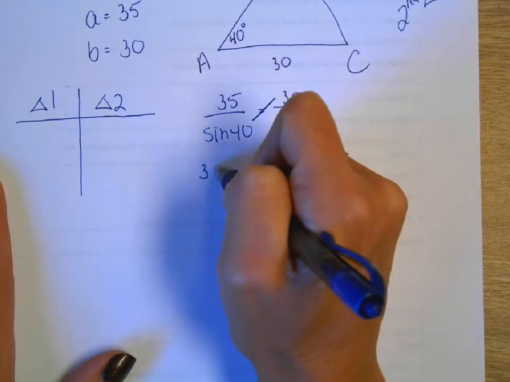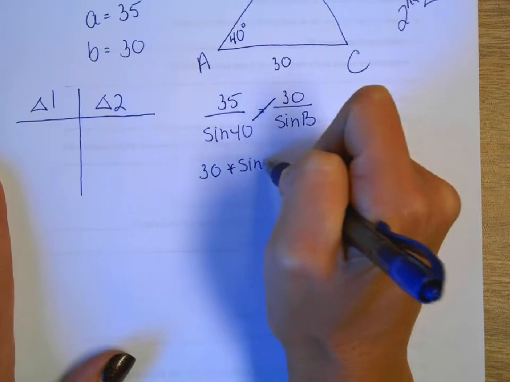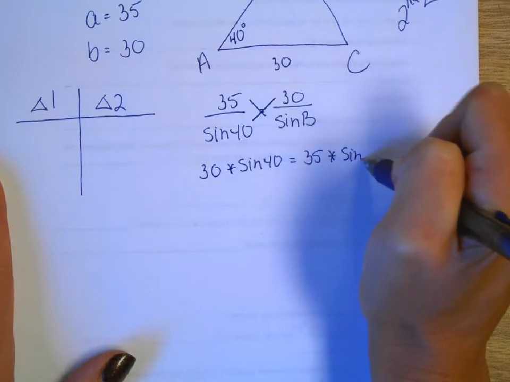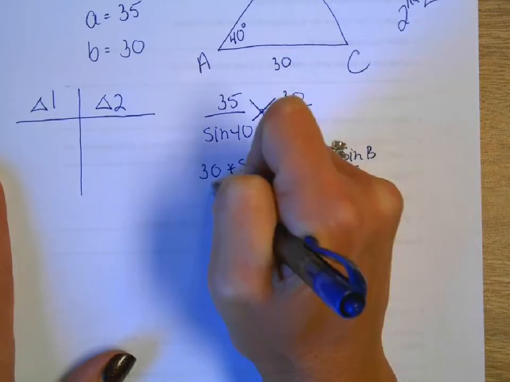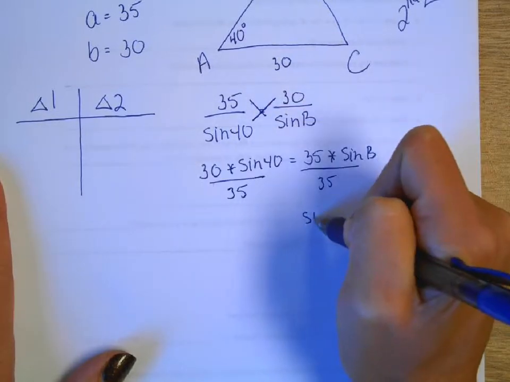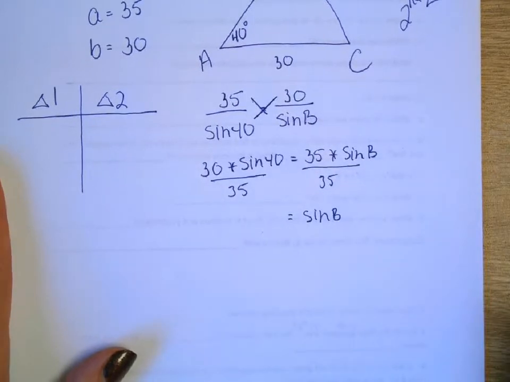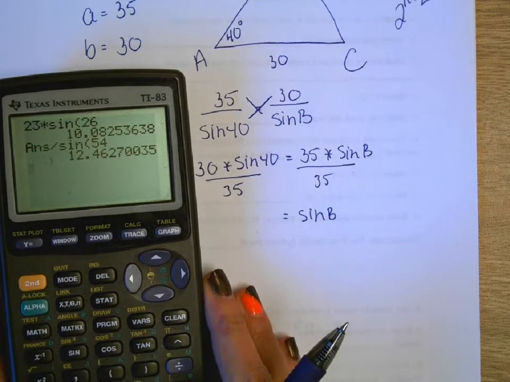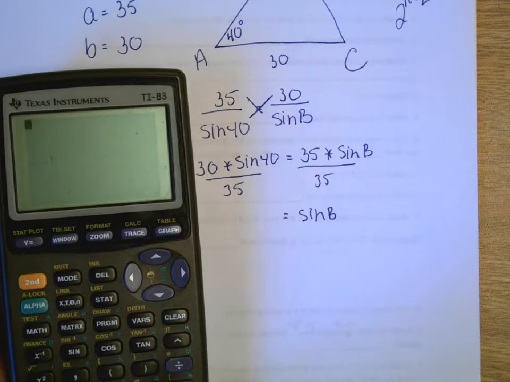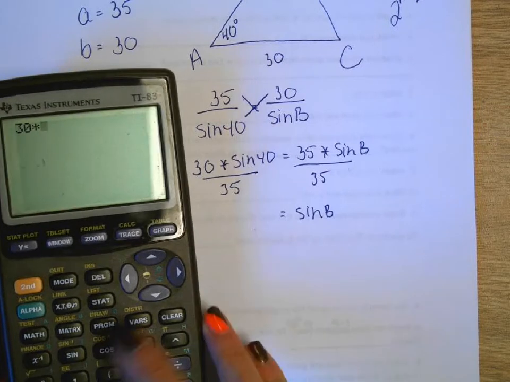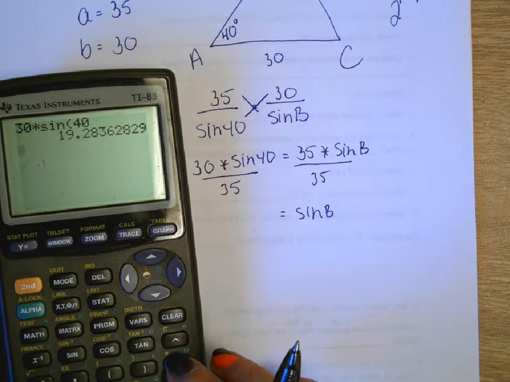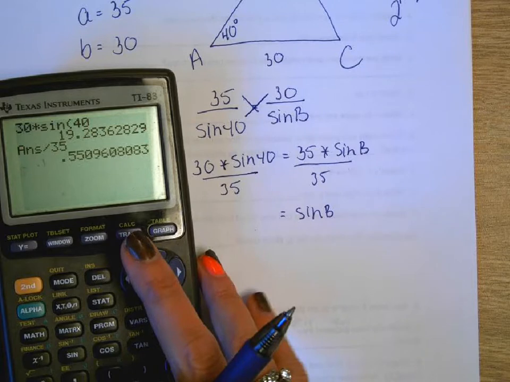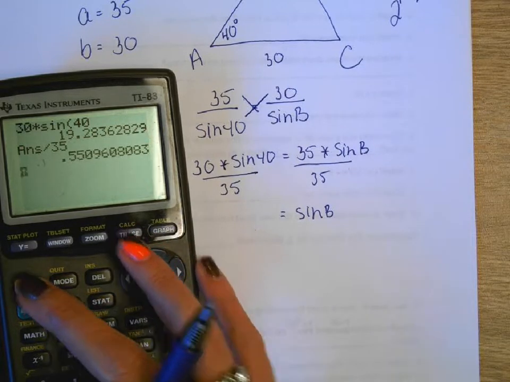So 30 is going to get multiplied by sine of 40, and 35 is going to get multiplied by sine B. Divide by 35. 30 times sine 40, divide by 35, and then inverse sine.